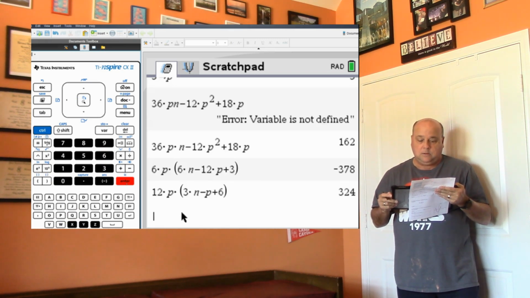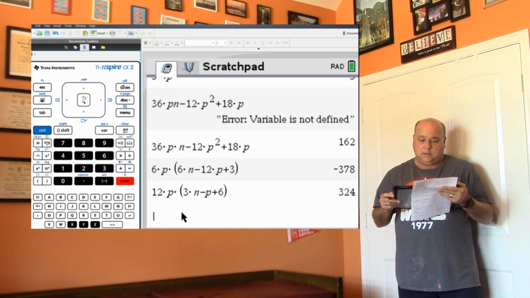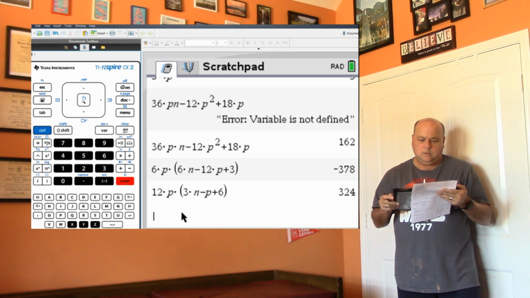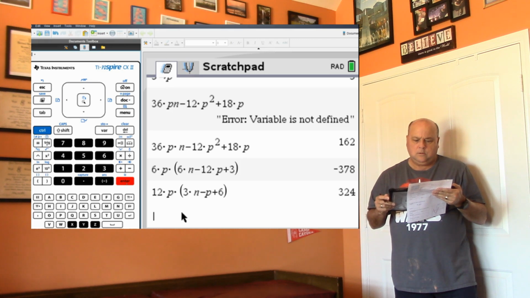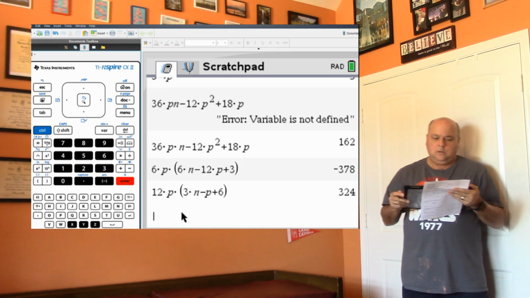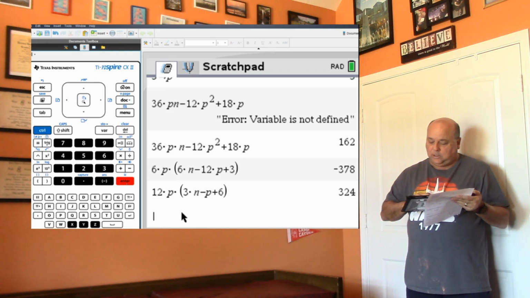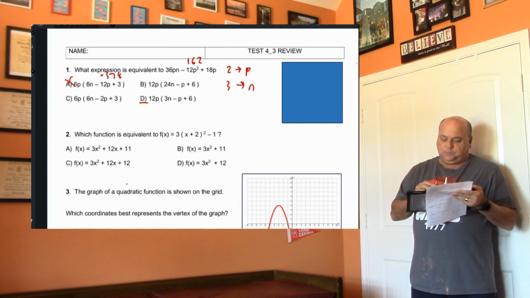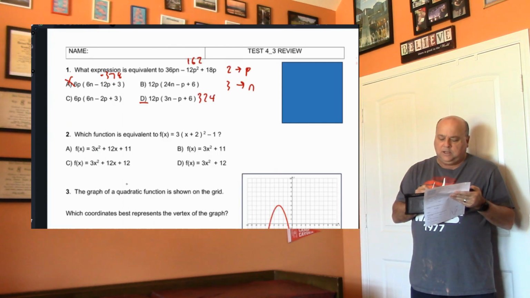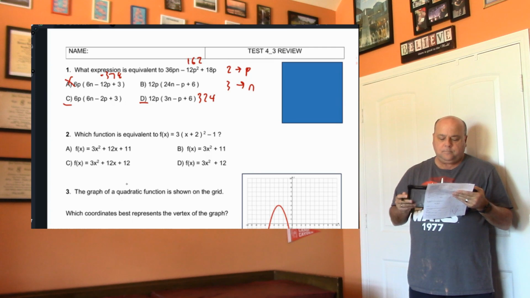Did I type it in? 12p times 3n. Okay, that one won't work either, so it's not D. So let's go to D, and let's put 324. Let's try C, okay? So C should work.